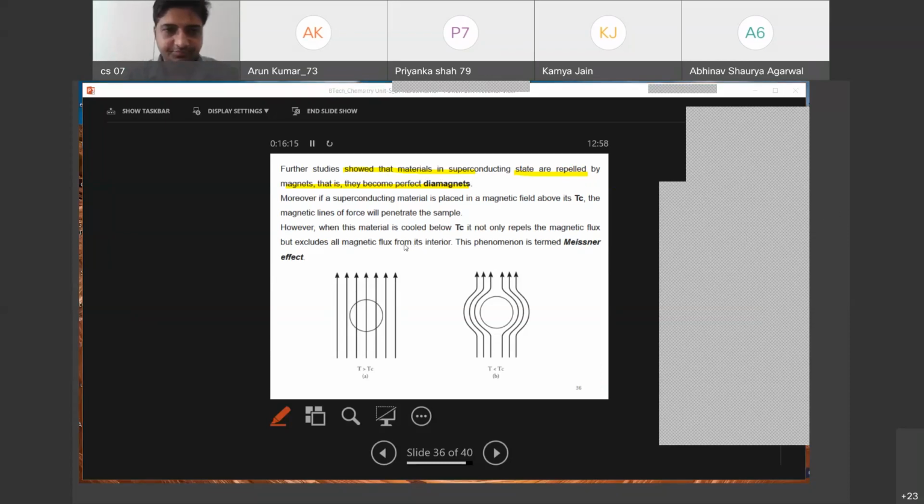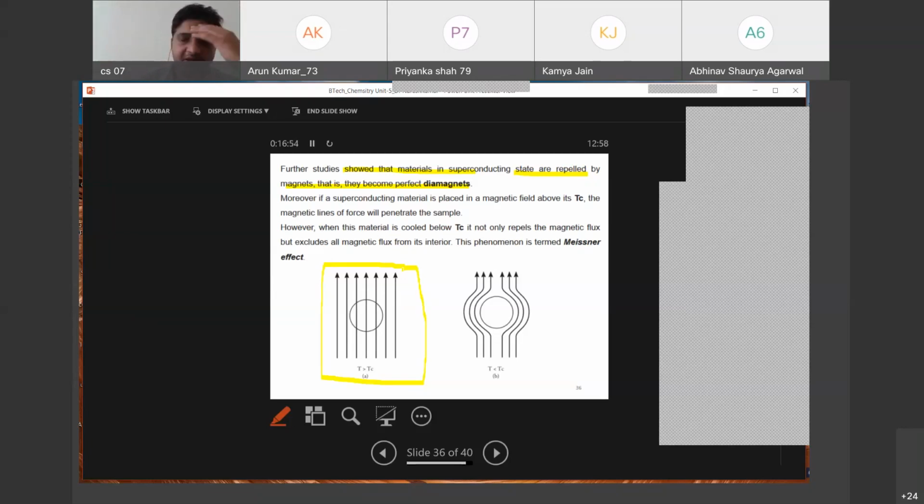Moreover, suppose, see this figure A here. Suppose you have a metal in its superconducting state. When I say a metal is present in the superconducting state, this means that the metal is present below its critical temperature.